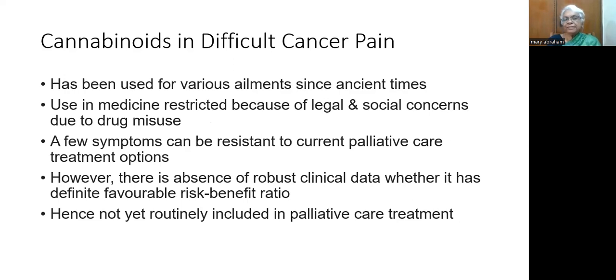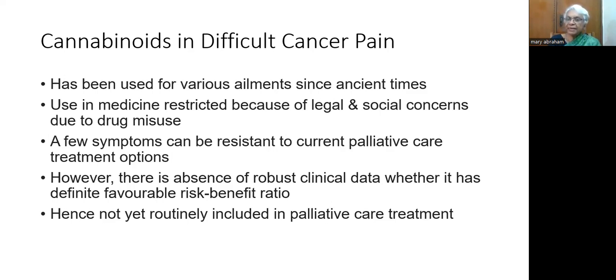Now, cannabinoids in difficult cancer pain. We all know that this has been used from ancient times to treat various ailments. But in medicine, this use has been restricted because of legal and social concerns, and also because of abuse and misuse of the drug. But there are a few symptoms in cancer pain which may not respond to routine palliative care methods, and there is a place for this agent in those cases.